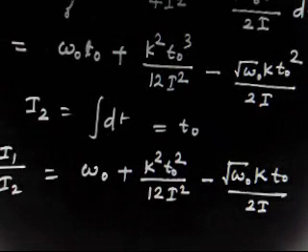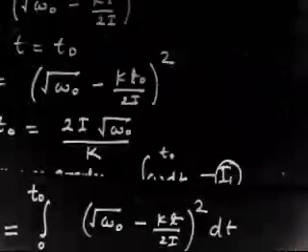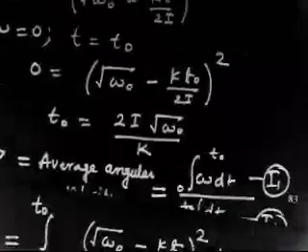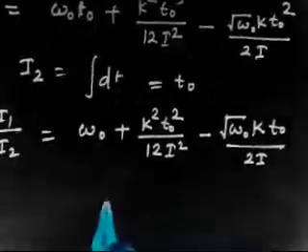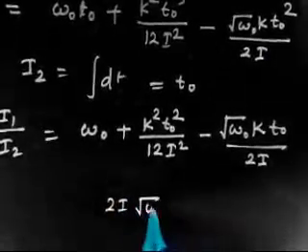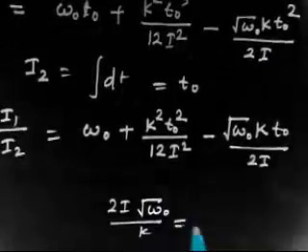And now if we plug in the value of t naught square, what is t naught? Here I have this value: t naught is 2I under root omega naught by k. So this is my t naught.